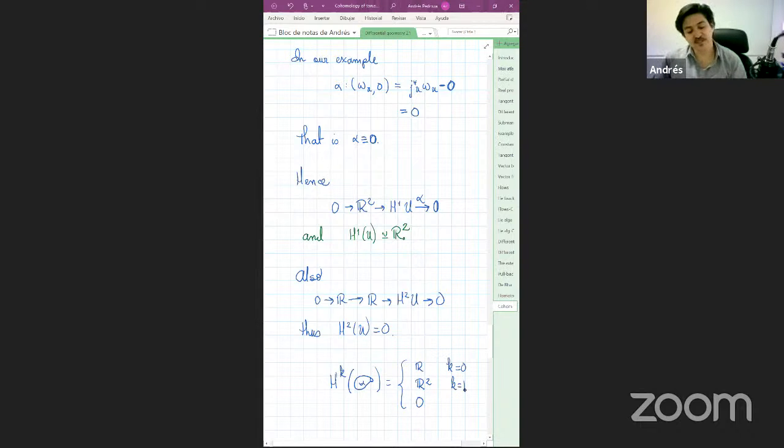And by dimension reasons, all of the other dimensions are trivial. So it's very similar to the torus, except in dimension 2 it is trivial. Any questions here?